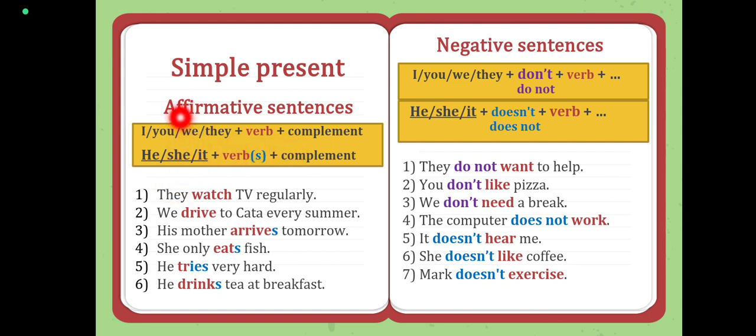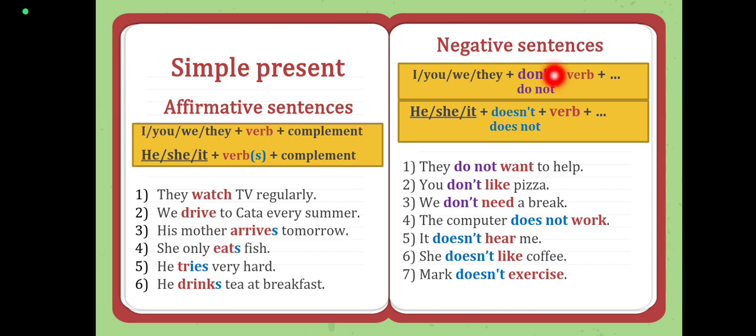If the noun is I, you, we, or they, we only use the verb. For example, they watch. And if the noun is he, she, or it, we have to be careful because we need to add an s at the end. So, for example, she only eats.